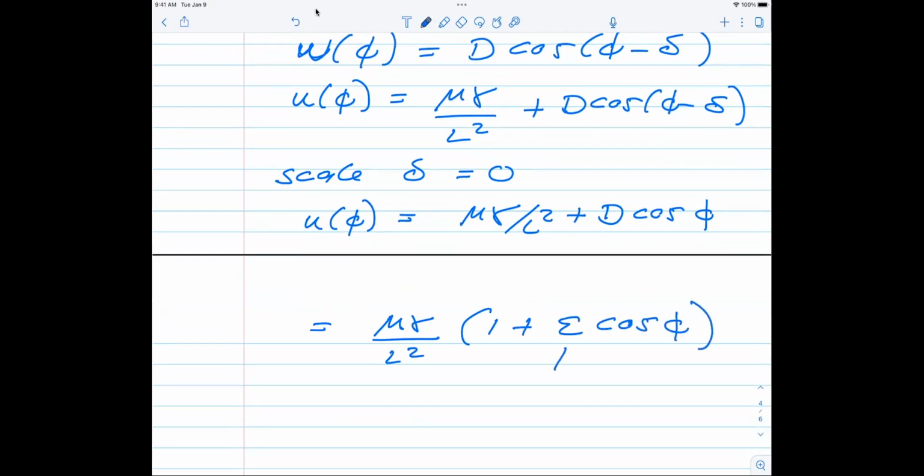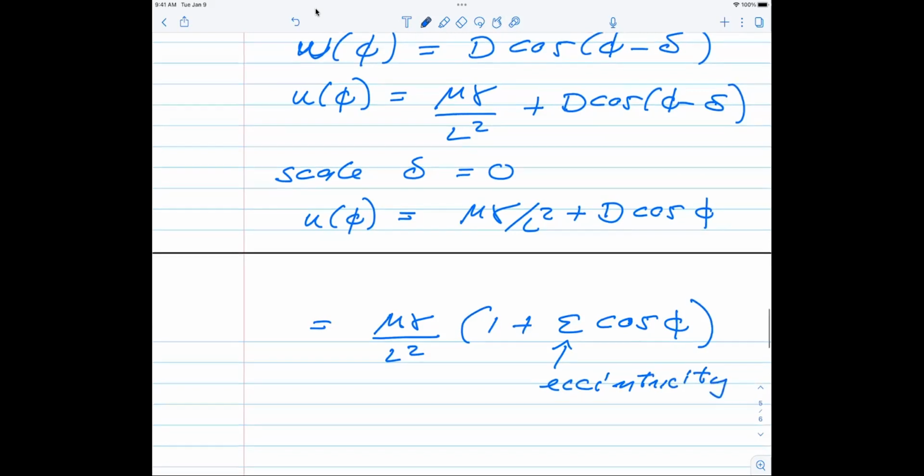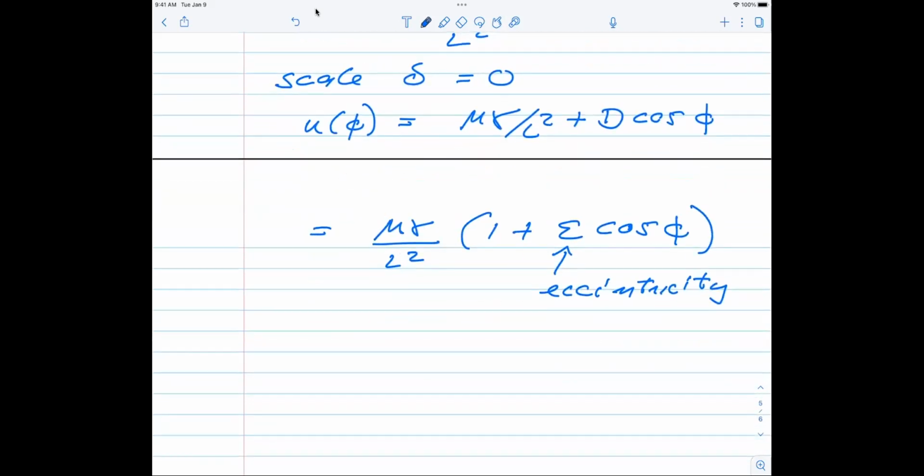This epsilon has a name in astronomy: it's called the eccentricity. It's not a very eccentric thing, but it's called the eccentricity, and you will see why a little bit later. This epsilon is defined simply as d, which is a constant defined by the initial conditions, divided by gamma times mu.